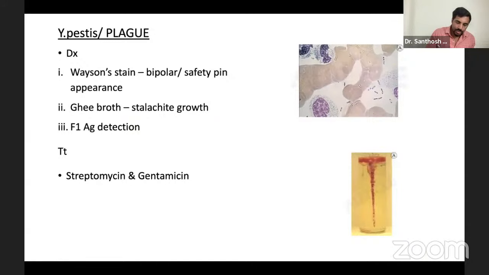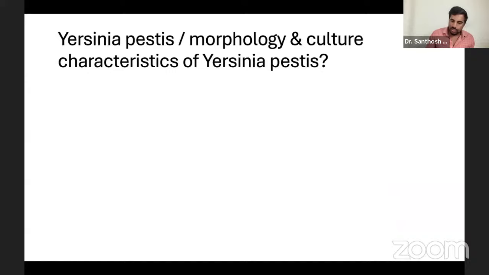Okay. Now, we talked about Yersinia morphology and culture. If you talk only about morphology, you're going to write about the bipolar staining. This is actually a short note. So for short notes, if you get this question, you will be writing morphology, that is bipolar staining appearance, or safety pin appearance.